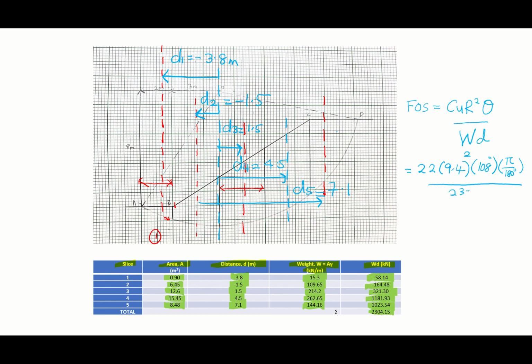That one is 2304.15. So the end product is the value of FOS, and from this you get 1.59.